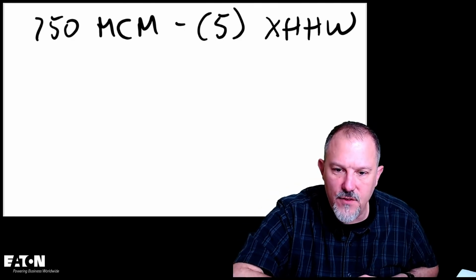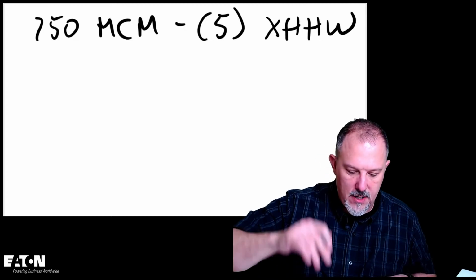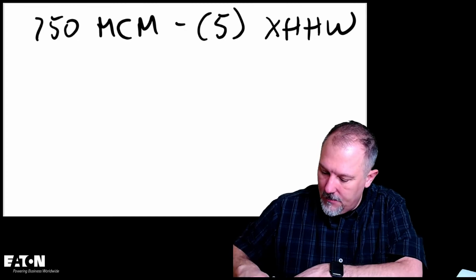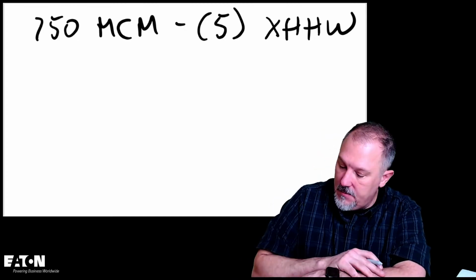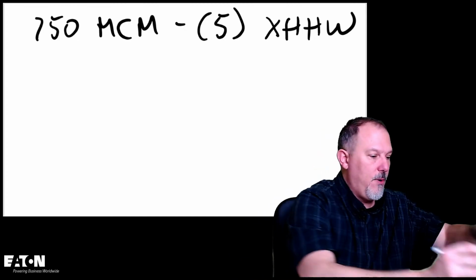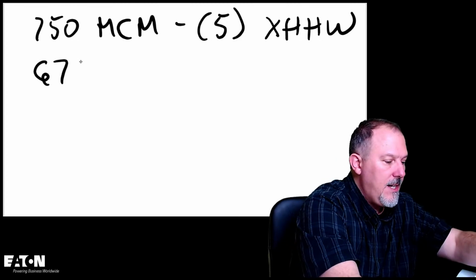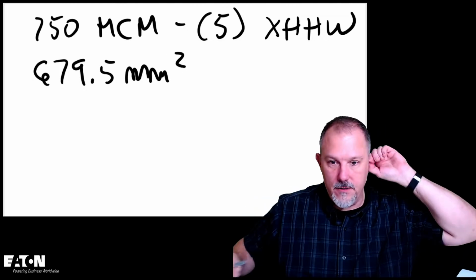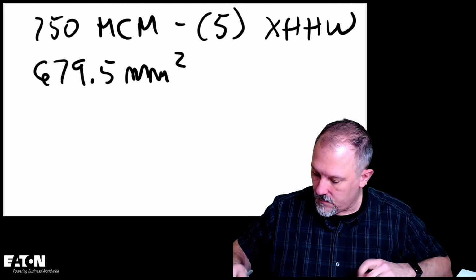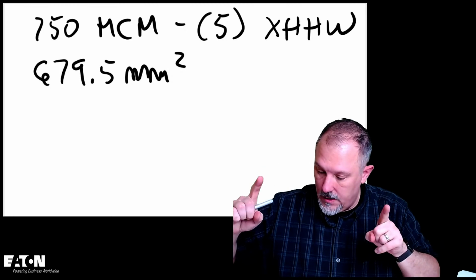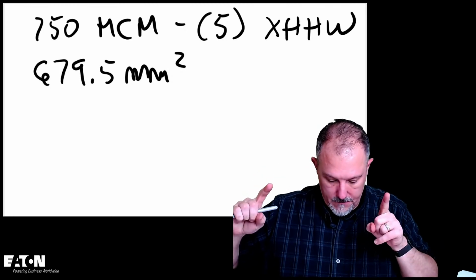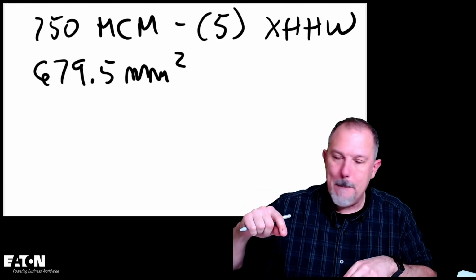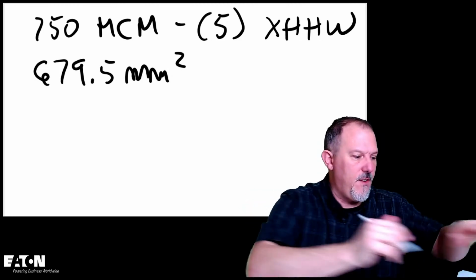Tables 4 and 5, Chapter 9. That's right. I'm in Table 5 right now, Chapter 9, and I'm looking at 750s. Square millimeters is 679.5. So 679.5 square millimeters, and I've got 5 of them.